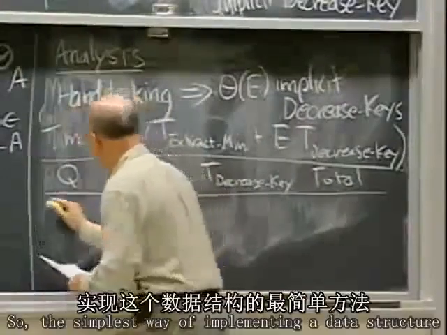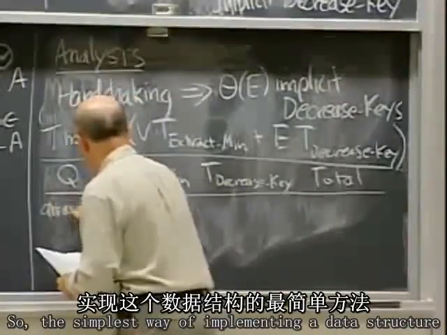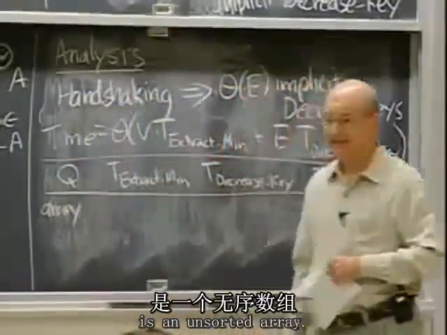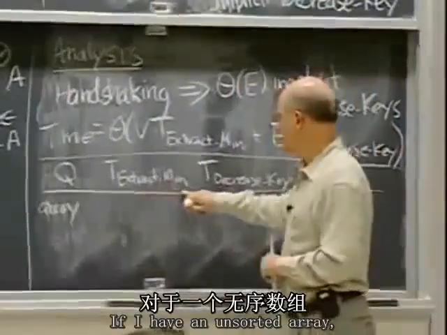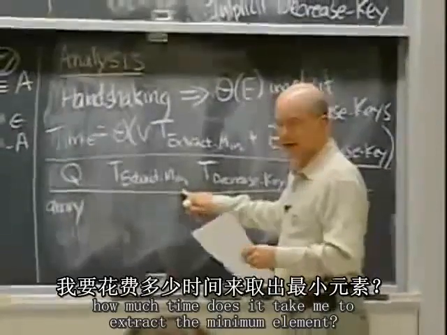So the simplest way of implementing the data structure is an unsorted array. If I have an unsorted array, how much time does it take me to extract the minimum element?